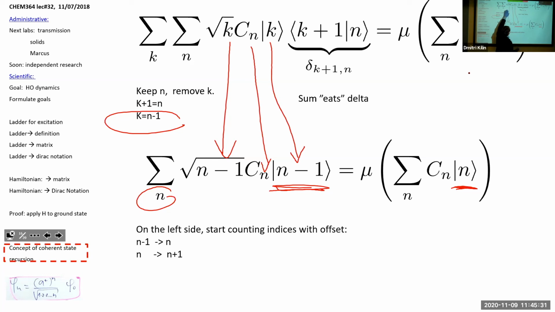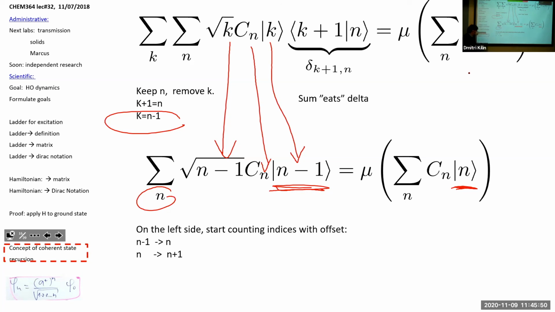Or where we have k, we put n minus 1. So k replaced by n minus 1, k replaced by n minus 1, k replaced, and here this disappears. And here c sub n stays. Now we have one summation less, all the way over n.